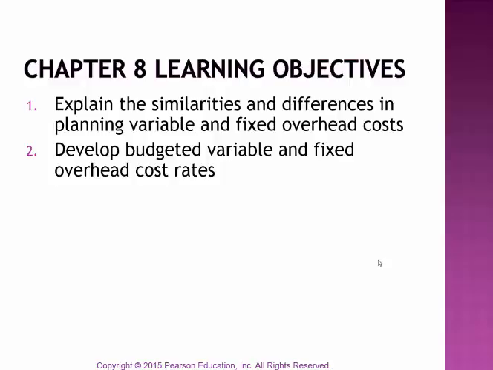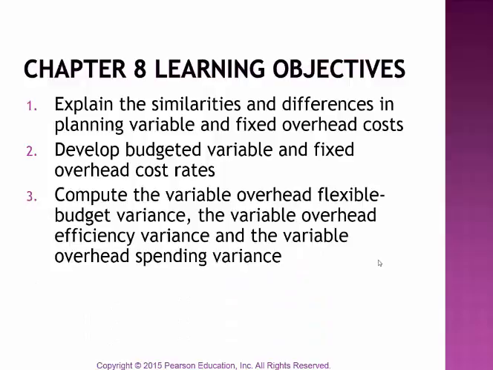Number 2, we're going to develop the budgeted variable overhead cost rates, and we are also going to develop the budgeted fixed overhead cost rates. And I've got formulas plugged in here for the PowerPoint slides for you guys to take a look at.